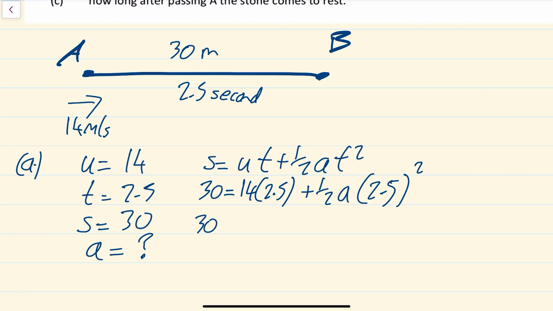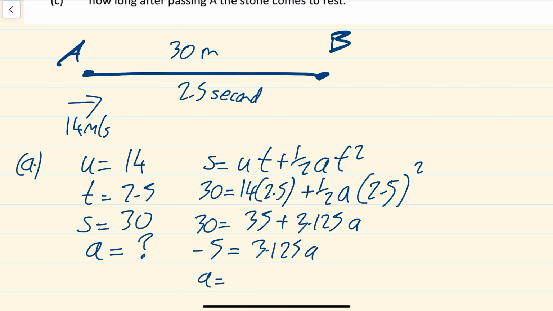And then 2.5 squared, times a half, that is 3.125. So that's 3.125A. So then bring the 35 across, you'll have minus 5 equals 3.125A.